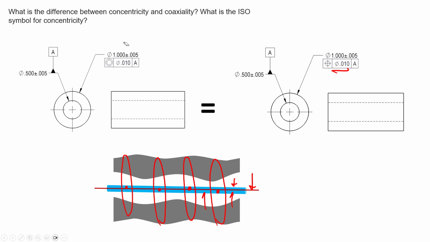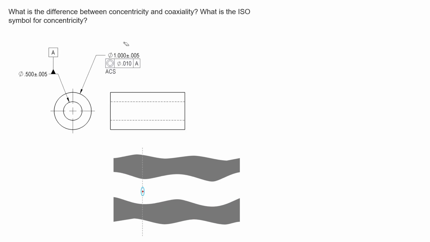Now, how do we interpret it as concentricity? The only way to interpret this as concentricity is to include ACS, all cross sections. When we see the ACS symbol, which I see very rarely, this is truly concentricity, and the interpretation changes ever so slightly.